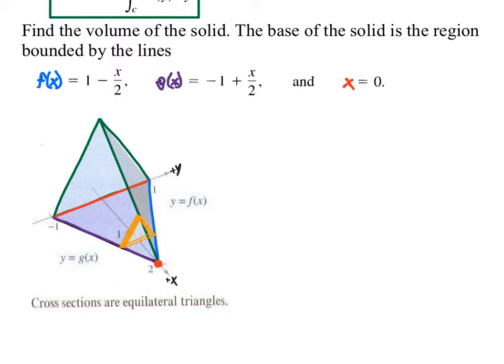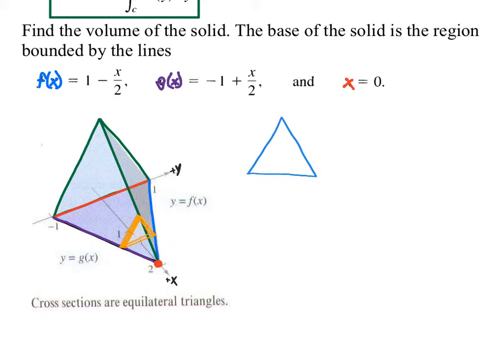Okay. So let's think about what we're doing here, and let's think about the equilateral triangle specifically. I'm going to draw the equilateral triangle, because if I can represent the area of this as a function of x, then I know how to find the volume by taking the integral.